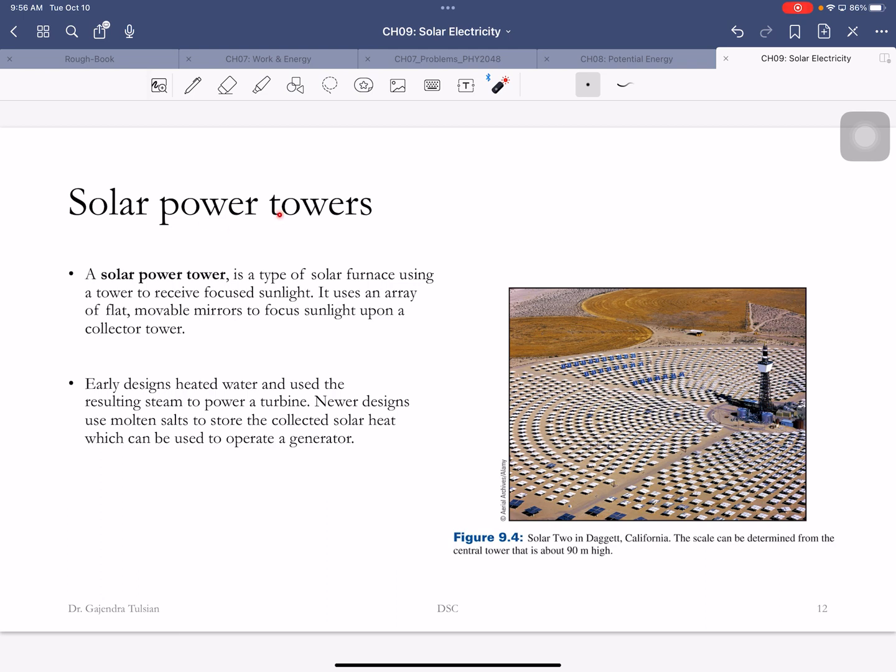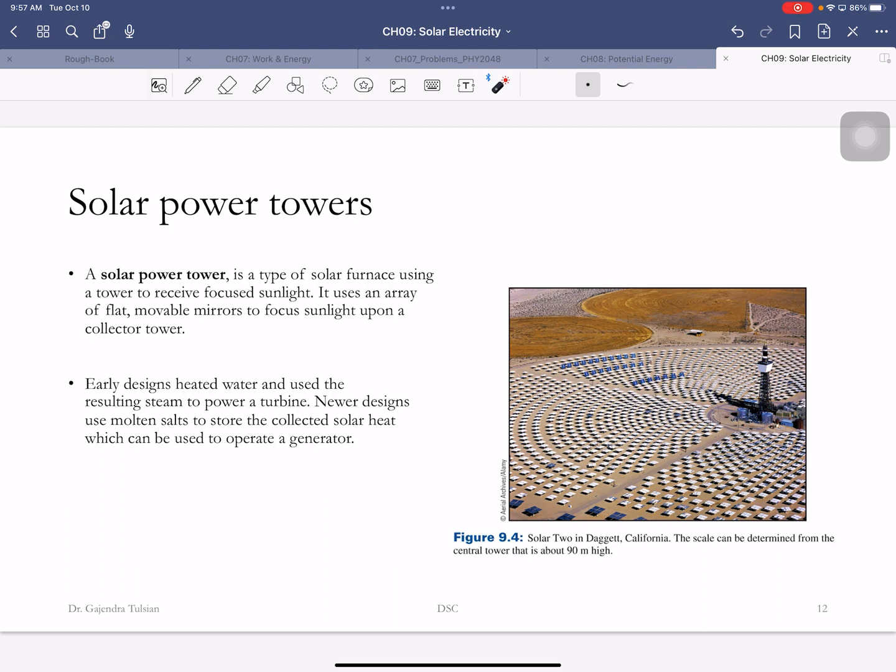So I will briefly go over the power towers again. Again, these are all flat mirrors. I guess these mirrors seem to be covered. So there is the mirror, and these mirrors are aligned to that. Right now this is not operating, but anyway. All these mirrors would be pointing sunlight to that tank, and you're heating a salt.